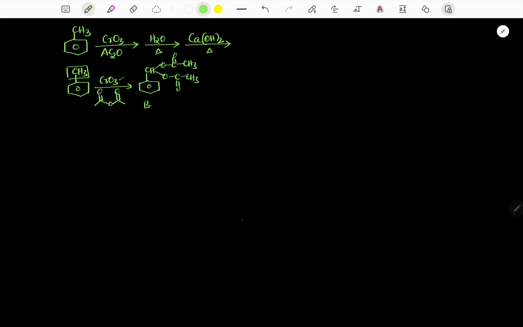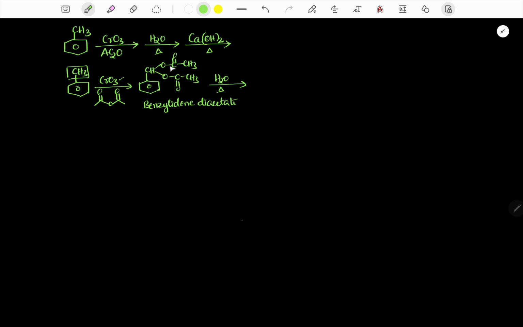It is called benzylidene diacetate. Now it is treated with H2O and heat.